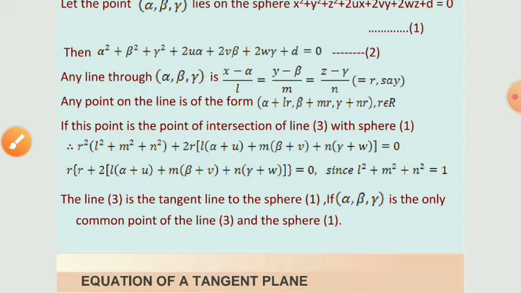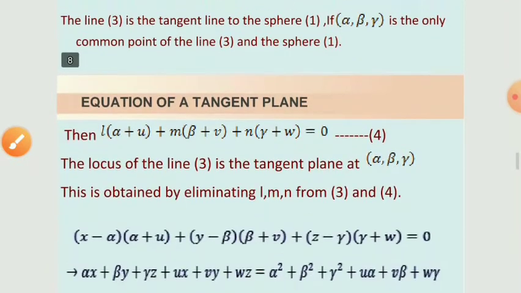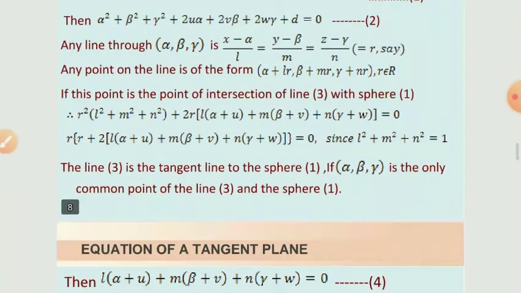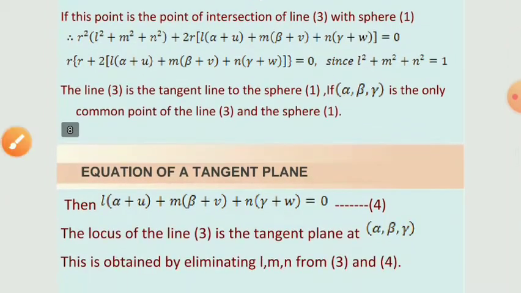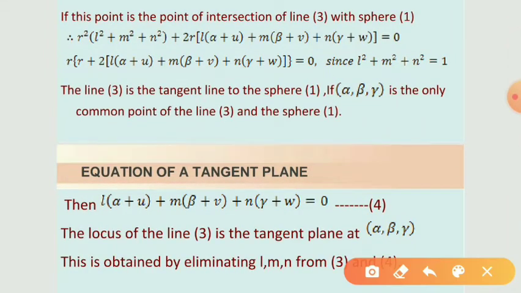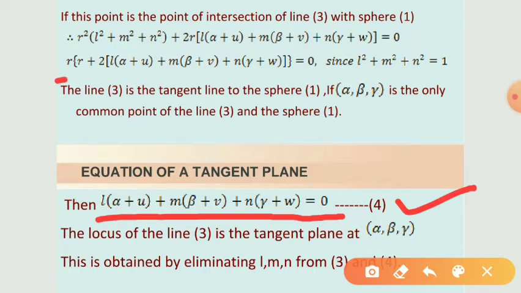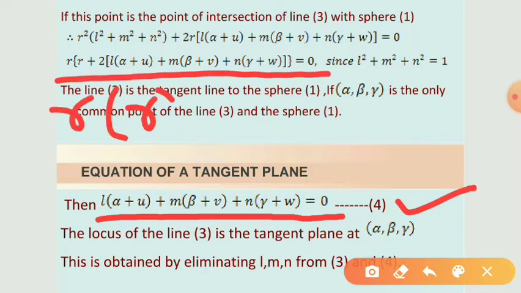This is possible only if L into alpha plus u plus M into beta plus v plus N into gamma plus w is equal to 0. So whenever this is possible, from this equation we will get R into R is equal to 0.